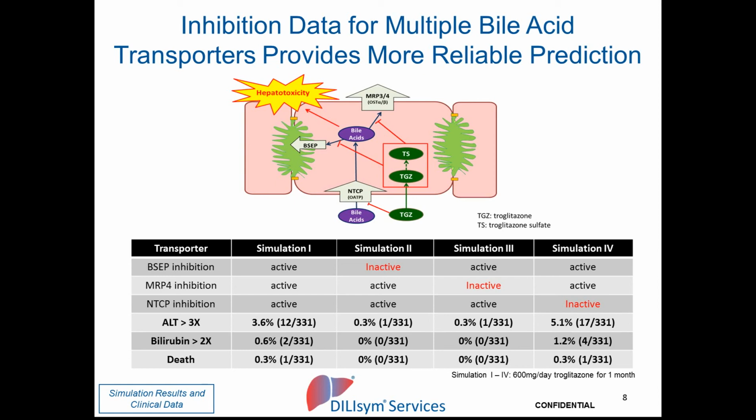So I think what we learn here is that individuals who come in with perhaps low BSEP to begin with, or MRP4, or perhaps both, are the ones likely to be the most sensitive to the inhibitory effects of troglitazone, and this helps us understand some of those interpatient differences.